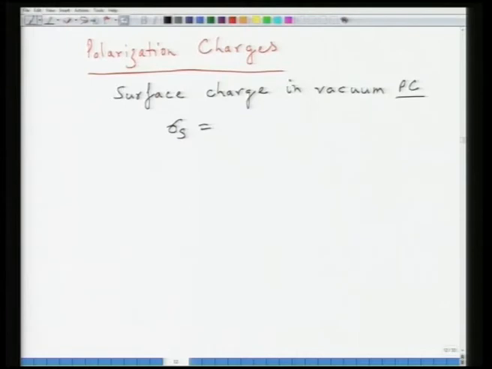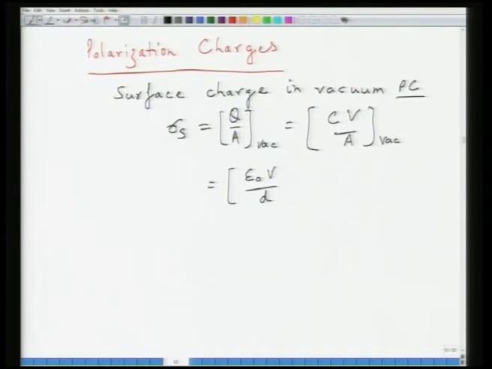I know it is simply Q by A in vacuum, correct. Surface charge density is charge divided by area, and this is nothing but CV by A in vacuum. If I replace C with epsilon naught A over D, this becomes epsilon naught V divided by D in vacuum, and this is nothing but epsilon naught E, correct.